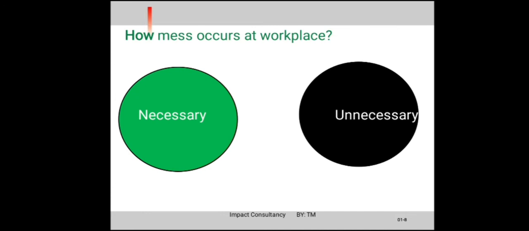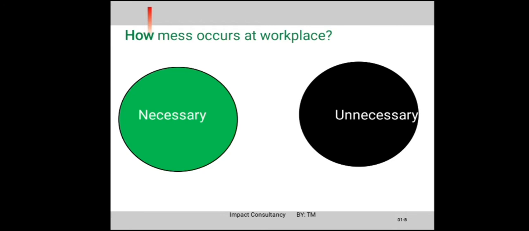So how does a mess occur? How do we make a mess at the workplace, at home, in our pocket, and also in our bags? There are 3 types of items to identify what is a mess and what is not.